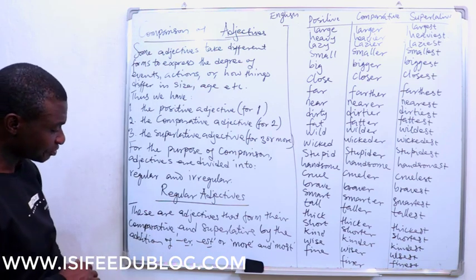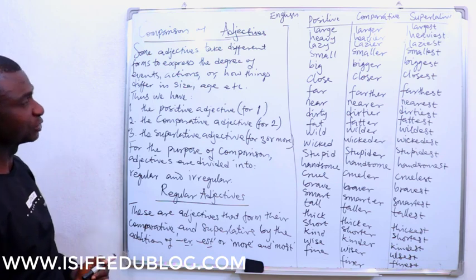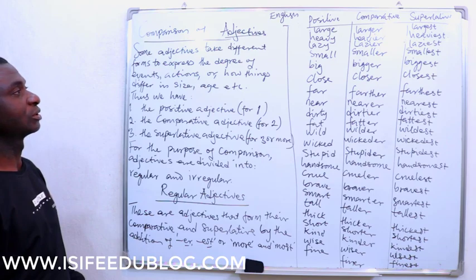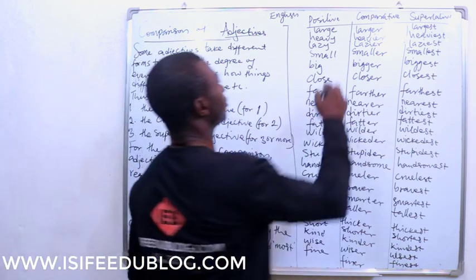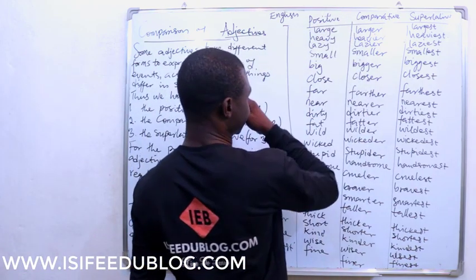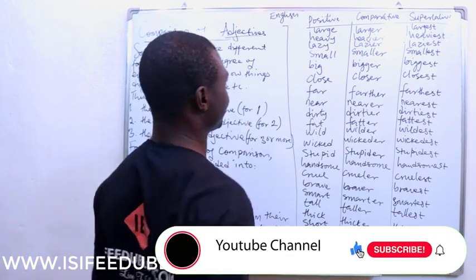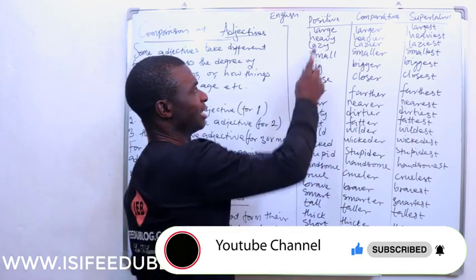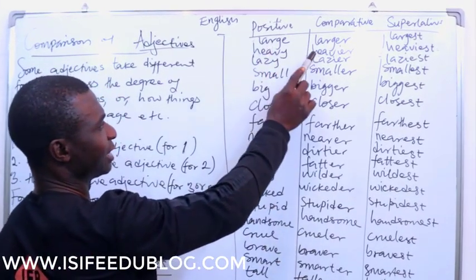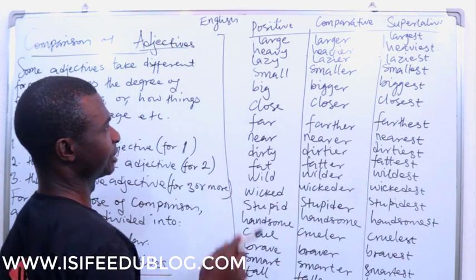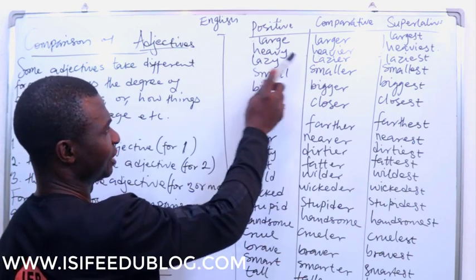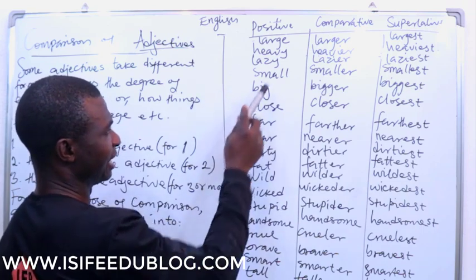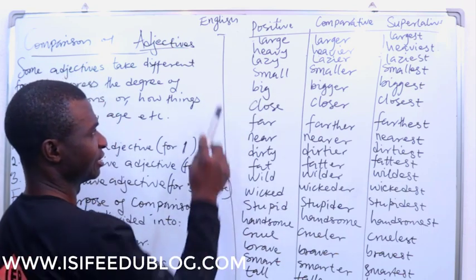For this purpose, we have examples. So on the board, we have the positive, comparative, and superlative adjectives as follows. Large, larger, largest. Heavy, heavier, heaviest. Lazy, lazier, laziest.